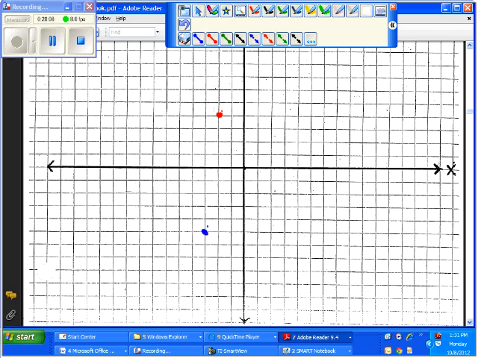The second parent function point was at negative 1, 1. It ended up where? Negative 2, 1. Cool, huh? The third parent function point started at, and it ended up where? Negative 1, 3.